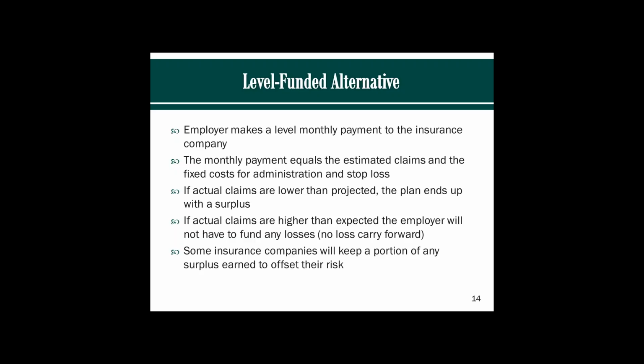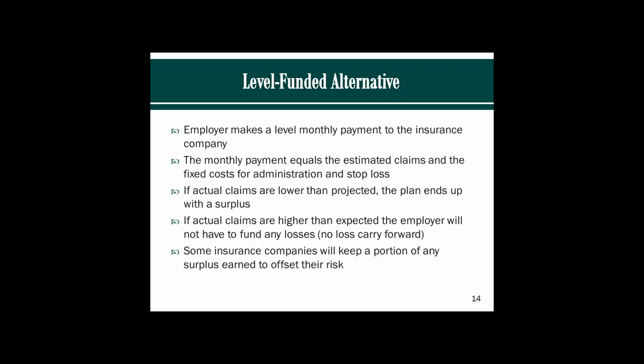So what's a level-funded alternative? The stop-loss carrier and the TPA will help you create a fully insured look-alike type product. They will create a tiered funded product, and by tiered, I mean those tiered rates that you're used to seeing. You will pay a level monthly payment just as if you were fully insured.